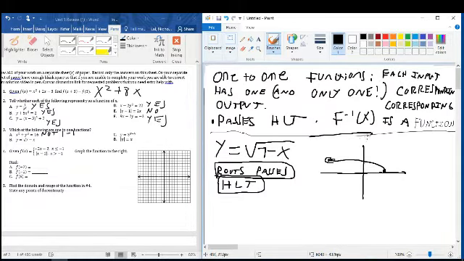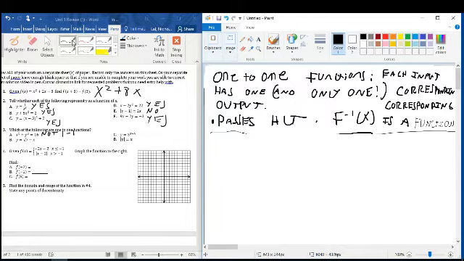Okay. So B is a one-to-one function. For C, y is equal to 3 to the x minus 4.